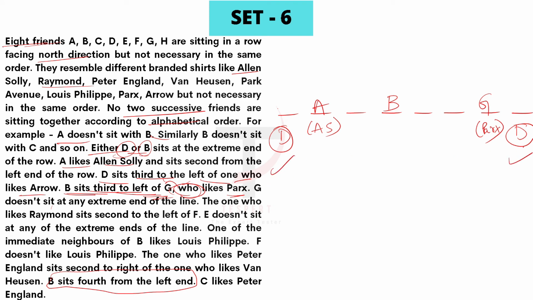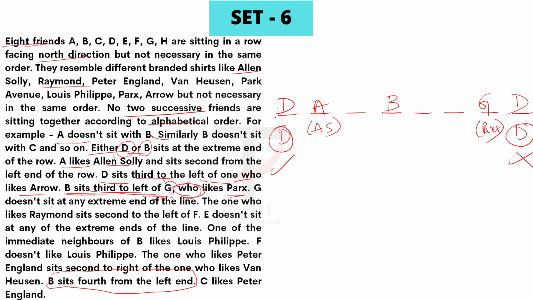Extreme right is not possible, because if we mark D here, D will definitely be to the right side of each and every friend. But here D sits third to the left of one who likes arrow. So D must be only at extreme left.